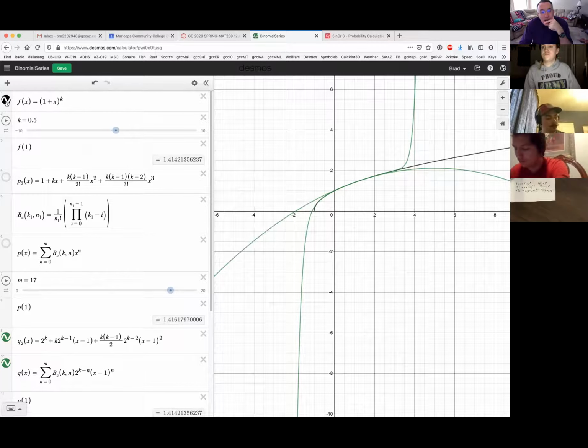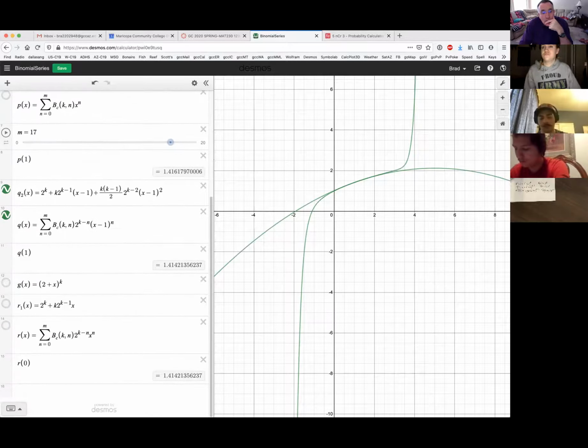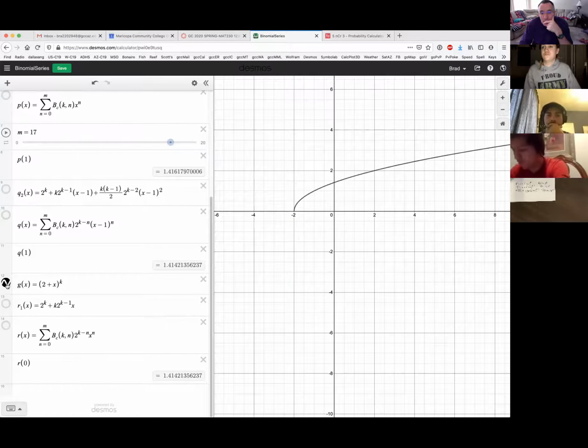So instead of looking at f, maybe what I could look at is a new function g. Okay, so what's so special about g? It's 2 plus x to the k. So right here, when I plug in 0, guess what I get? Root 2. Yeah, that value right there should be root 2. Is this making sense?